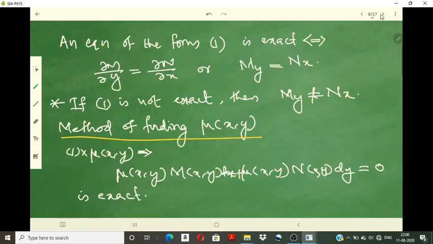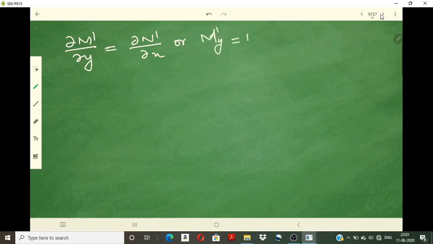Let the whole function mu M be M dash and mu N be N dash. Since this is exact, we can write the partial derivative of M dash with respect to y equal to the partial derivative of N dash with respect to x, that is, M dash y equals N dash x.